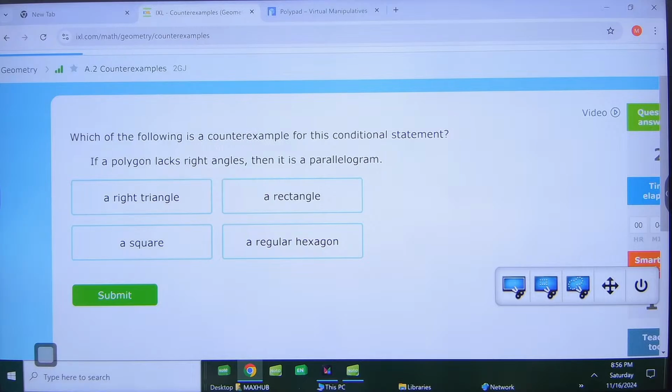If a polygon lacks right angles, then it is a parallelogram. Wait. If a polygon lacks right angles, so would an example be like a right triangle?